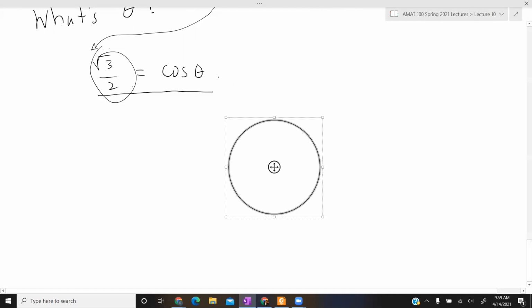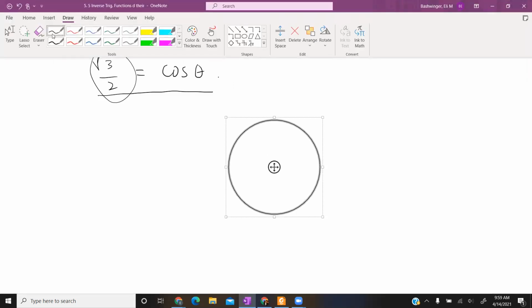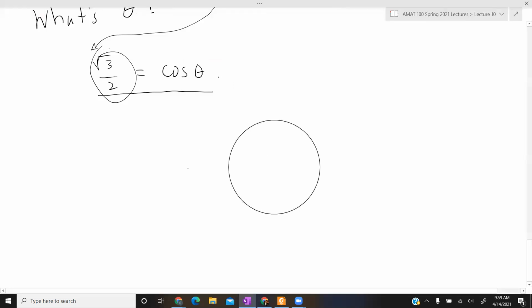So we'll draw our unit circle. Now in this case, we're looking at arc lengths, or angles, corresponding to 0 to pi. So that means we're going to be looking at this part of the circle. This will be (1, 0).